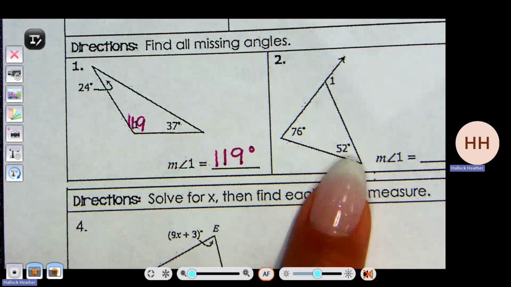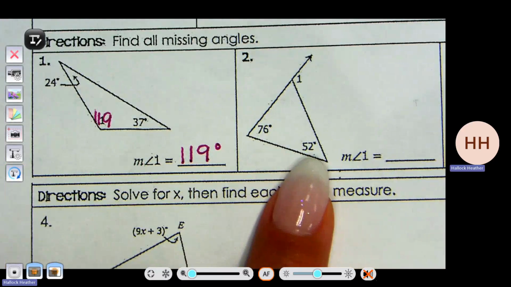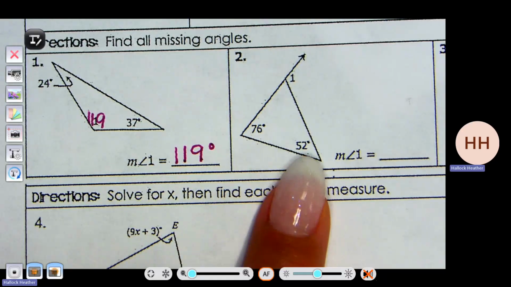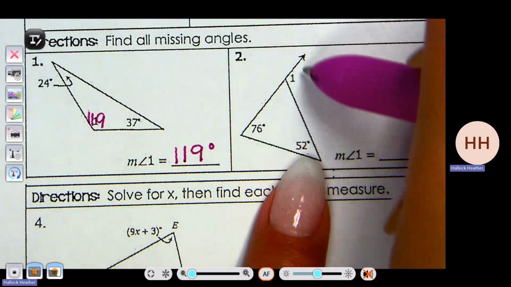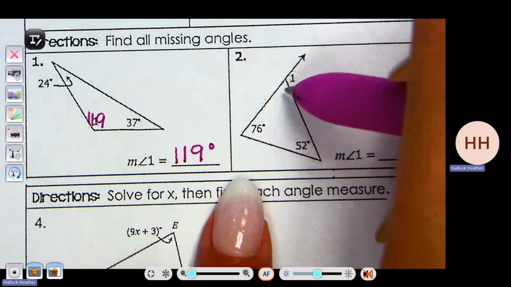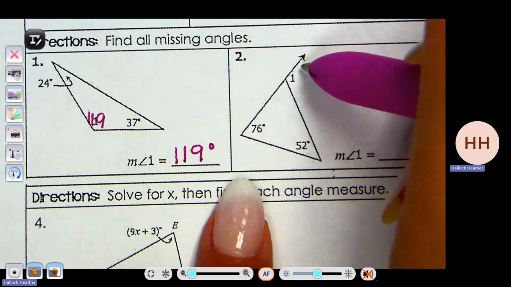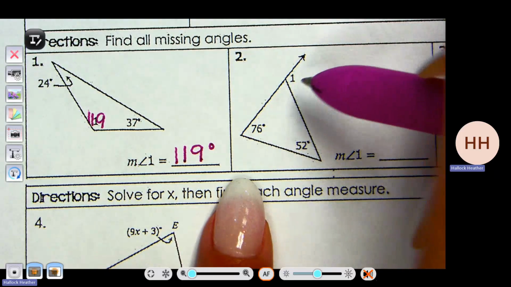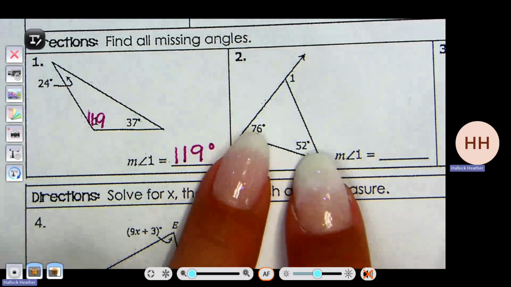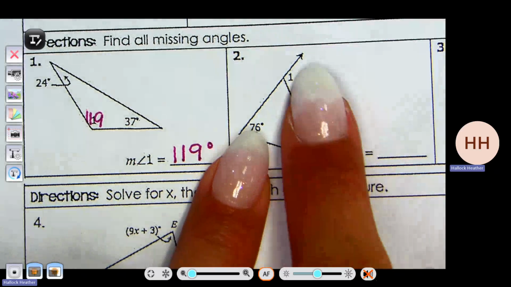Angle 2, problem 2, notice it has an exterior angle. So it's on the outside. So you could do one of two things. You can add to make 180, find this angle, and then subtract from 180 to find the outside. Or you could remember the theorem, the two inside add to make the outside.